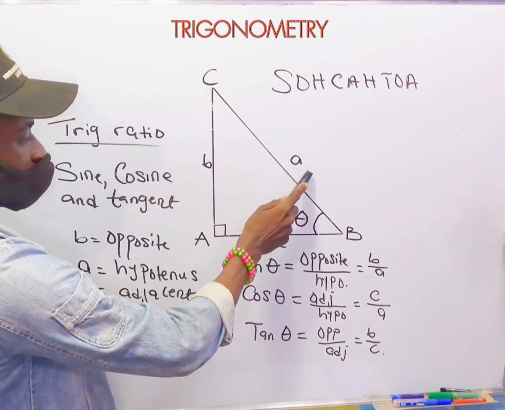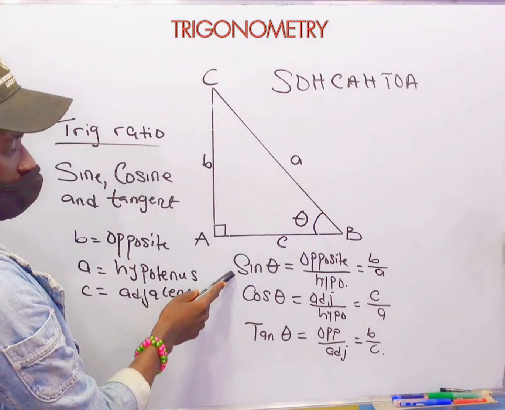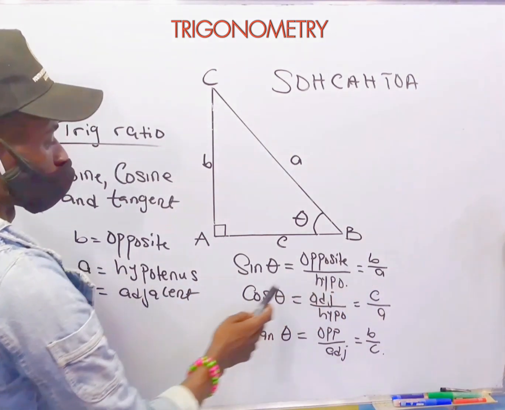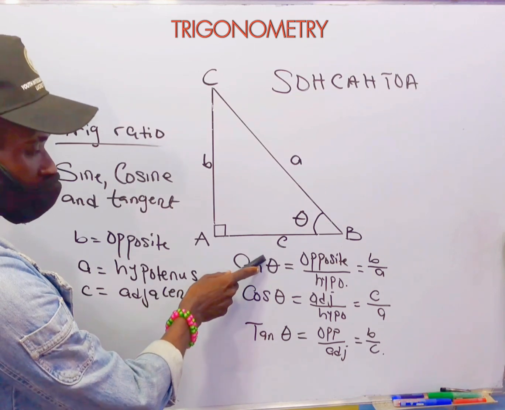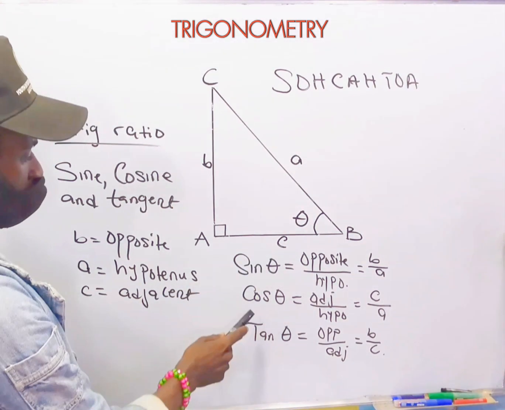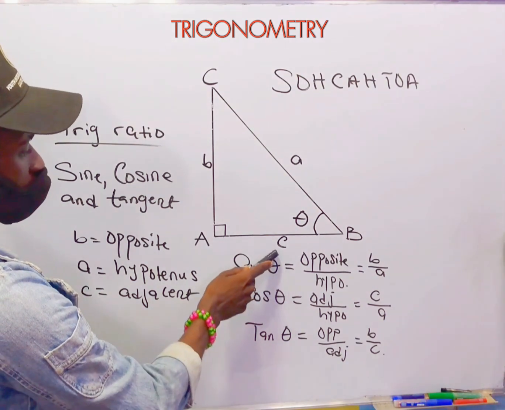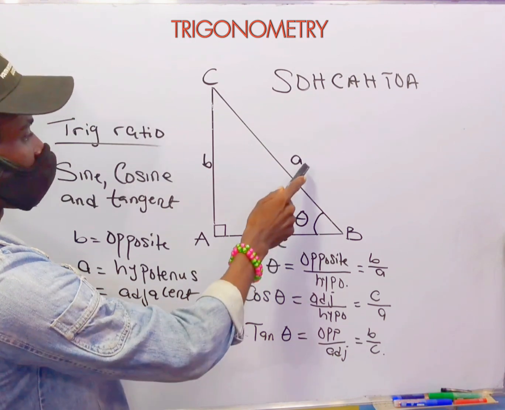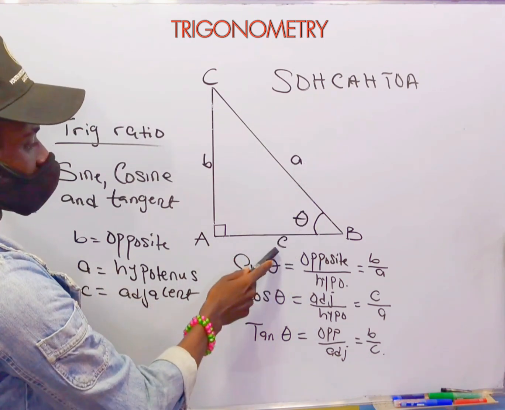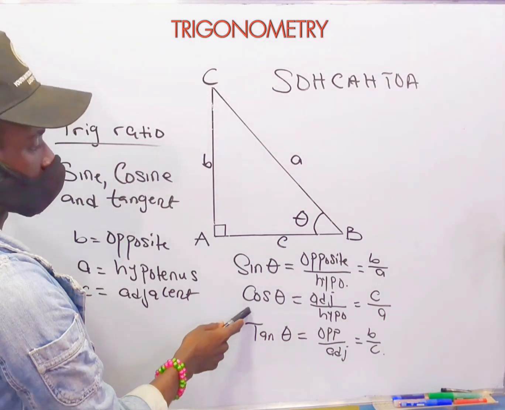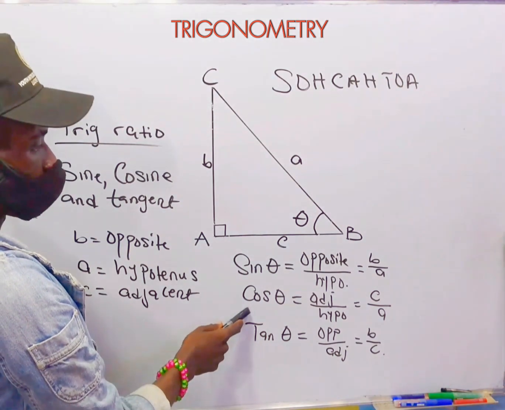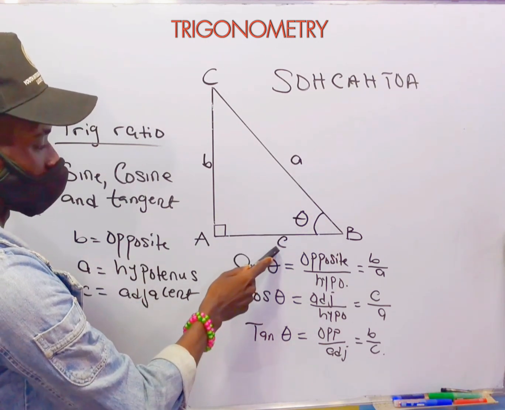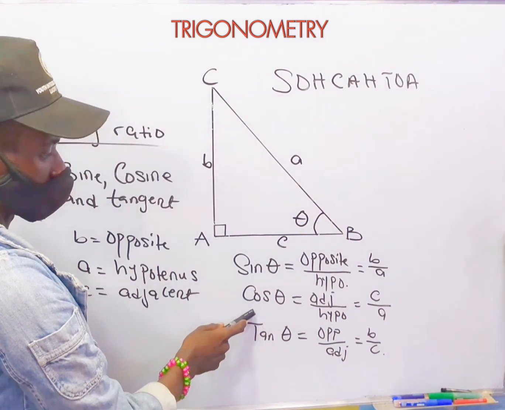Hence, if you are looking for theta, which is our angle here, and you have side B and side A, we could choose to use sine theta. Also, if you're looking for B or A, you could also use sine theta, provided you have your value for theta. Now, for cos theta, which has to do with C over A, if you're looking for angle theta here, provided you have A and C, you could use cos theta. Or if you're looking for A and you have theta and side C, you could use cosine theta.